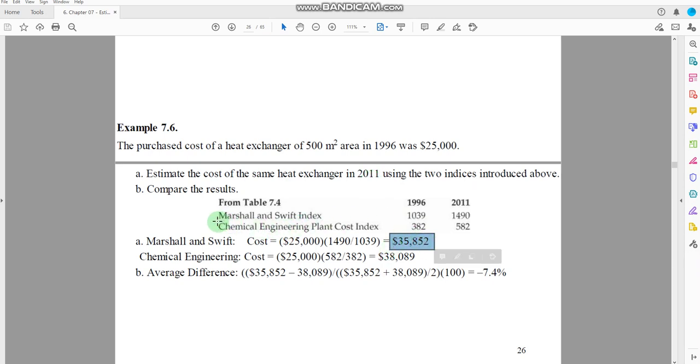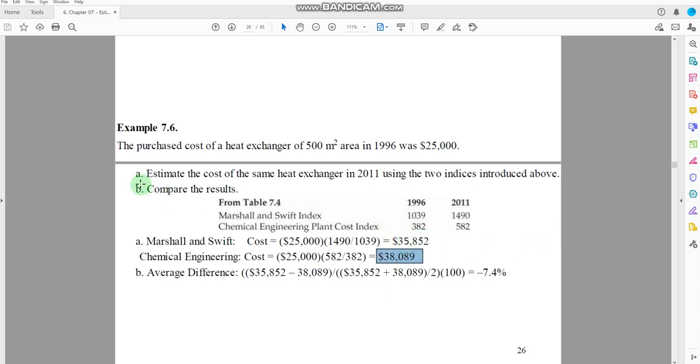Now according to the second cost index, CEPCI, we will use the same value for the heat exchanger that actually cost, and the new cost index for 2011 is here, then the cost index for 1996 is here, and we would find the value to be around $38,089. Using these two cost indexes, we get different values for the heat exchanger. So the new value should vary between these two cost indexes.